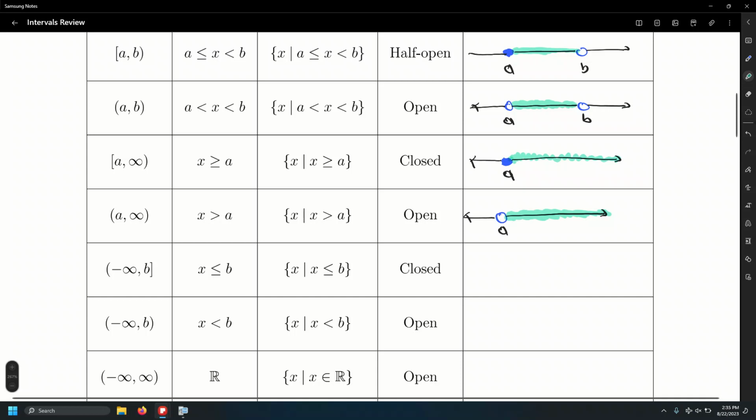And again, we can stop shading at the tip of the arrow. The arrow indicates that it is going to go forever. So those are the two open and closed intervals that involve an infinity.